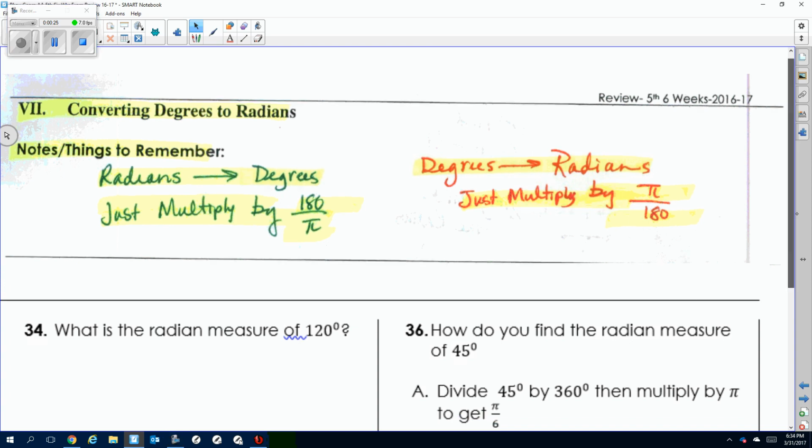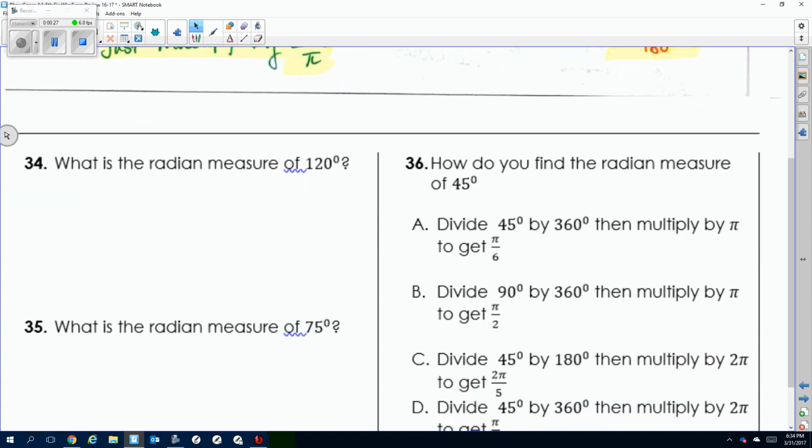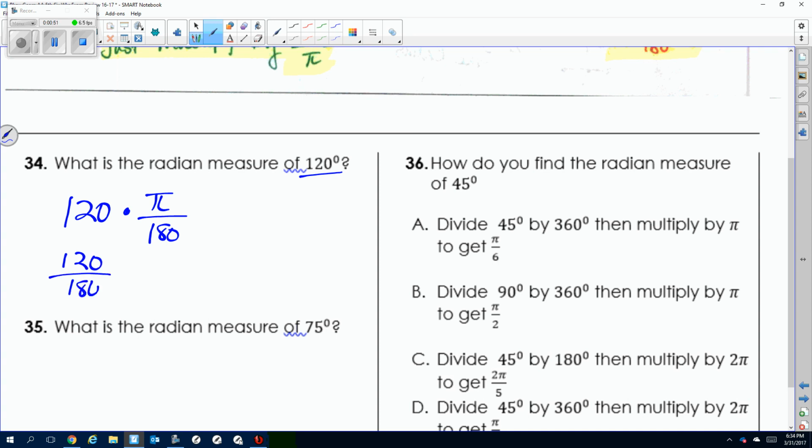So just to refresh our memory, what is the radian measure of 120 degrees? Since this is in degrees, we take that 120 and multiply it by pi over 180. This comes out to be 120 over 180 and then pi to the side, because we're multiplying by pi.